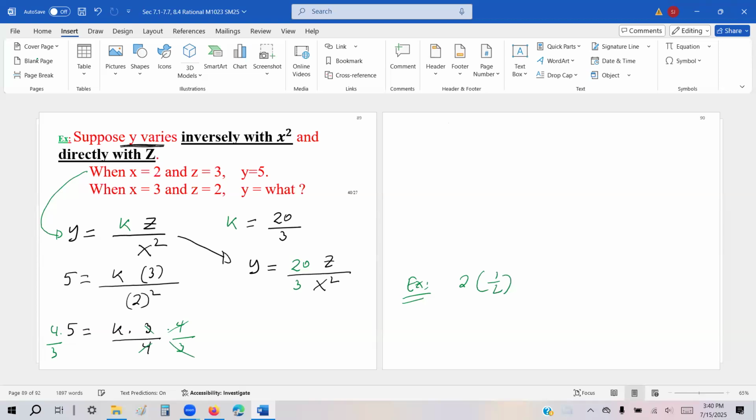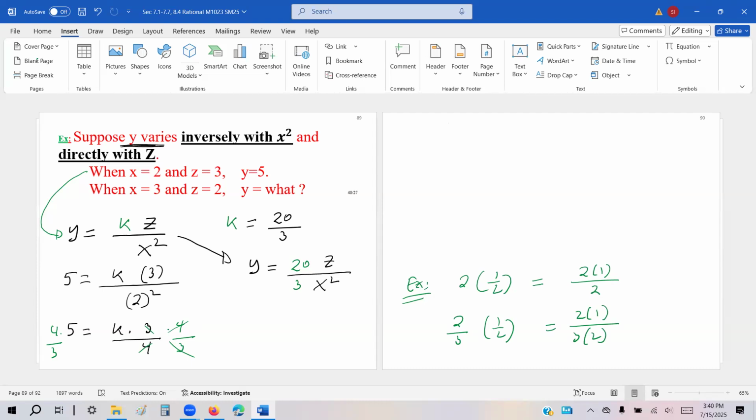Let's say we have 2 times 1/2. 2 times 1/2 is the same as 2 times 1 divided by 2, right? Or if you have 2/3 times 1/2, this is the same as 2 times 1 over 3 times 2, right? So when you multiply by a fraction, the top portion goes on the top, the bottom portion goes on the bottom.